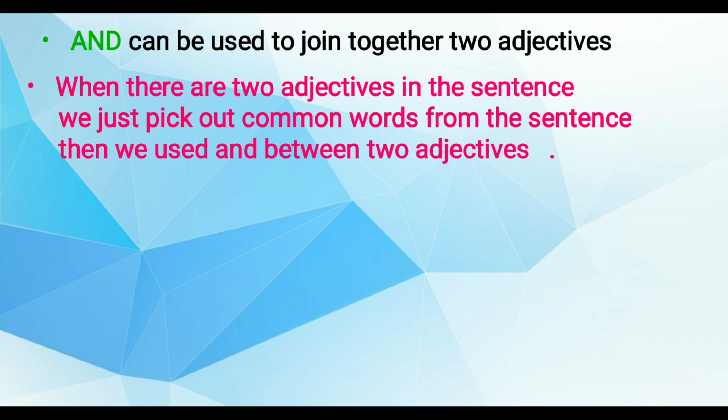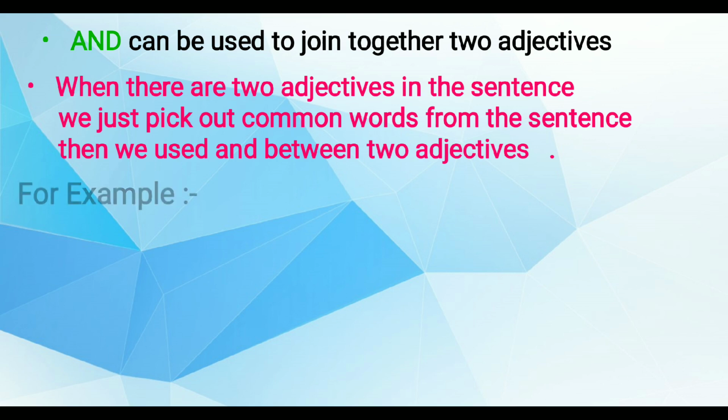When we use and to join sentences, only one pattern is followed: first we pick out the common part of the sentence and then use the two different adjectives, nouns, whatever it is, and we write and between them.